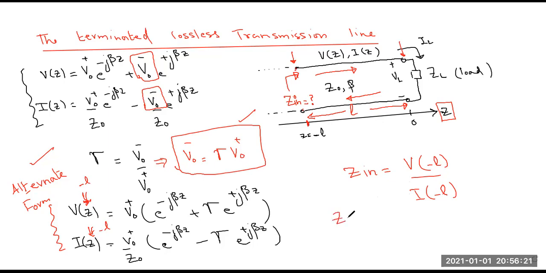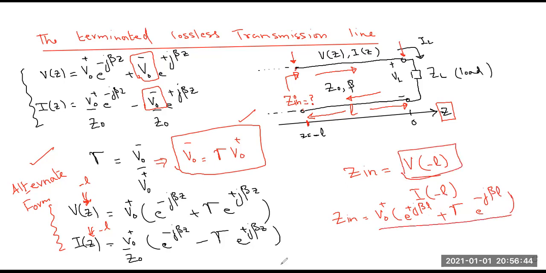So Zin will be equal to V naught plus and e plus j beta L plus reflection coefficient e power minus j beta L. This is going to be the expression of V of minus L, and then we will divide it by I of minus L. So it will be V naught plus divided by Z naught e plus j beta L minus reflection coefficient e power minus j beta L. Now this V naught plus will cancel out, and then I will bring this Z naught into the numerator.